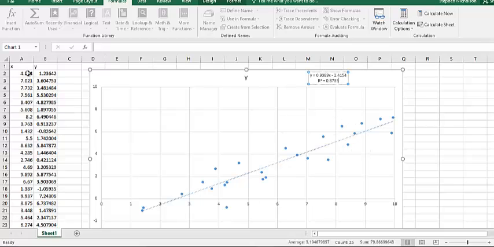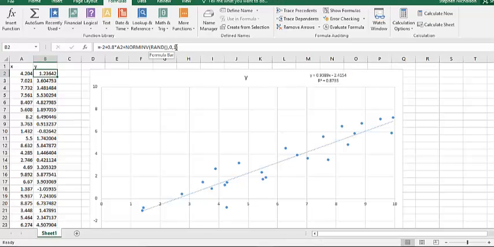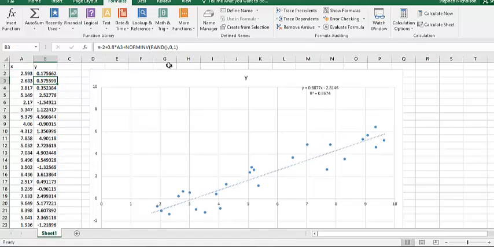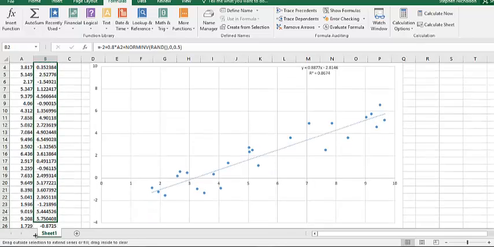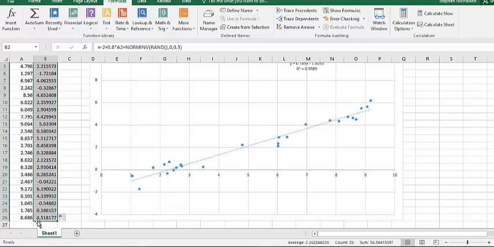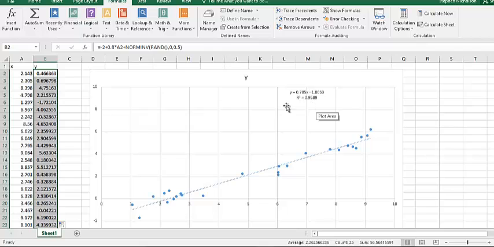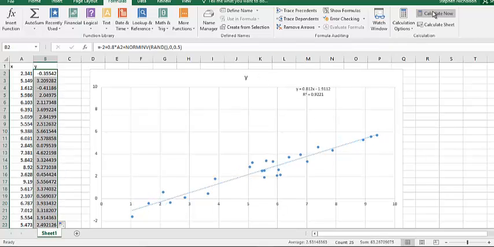Now, if I redefine the way I come up with the random variation, if I make that 0.5, when I copy that equation down, it'll reduce the amount of scatter on my plot, and my r squared will go up. So now you can see r squared is 0.95, and the data is much more closely aligned with the regression line.